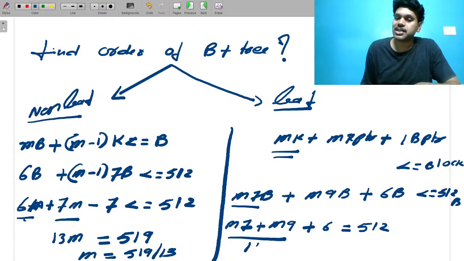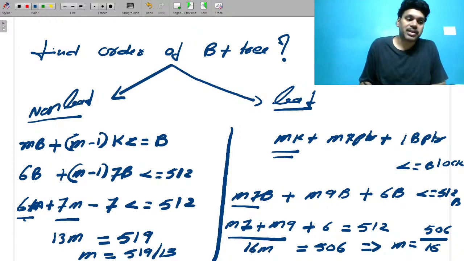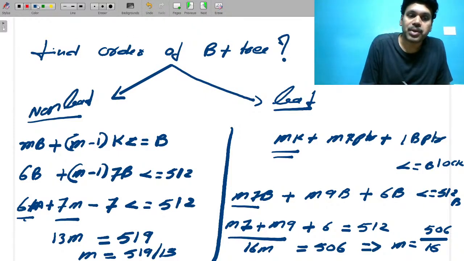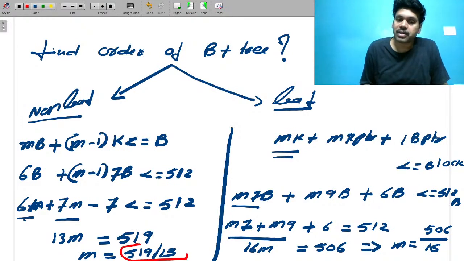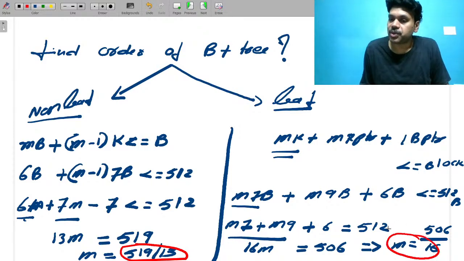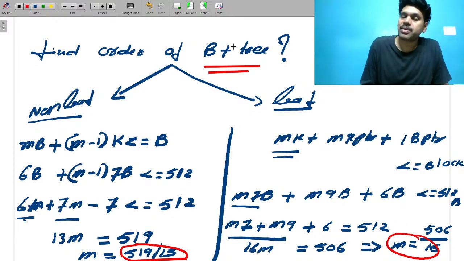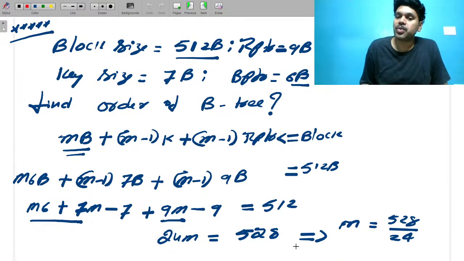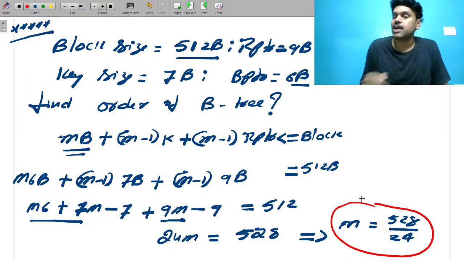So 16M is equal to 506, that is M is equal to 506 by 16. That's it, my dear friends. This is how to compute the order of your non-leaf node and leaf node in B plus tree. In B tree, there is only one order, so this is your answer.